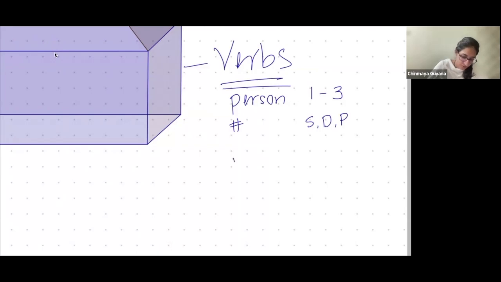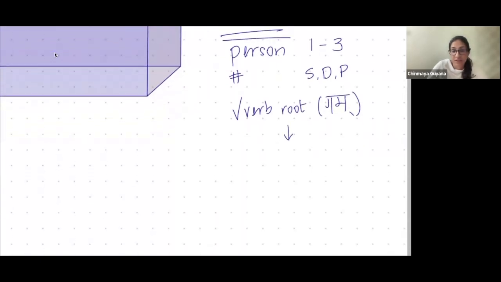Verbs have verb roots. Example, gum. And then the verb root is converted into a verb base.